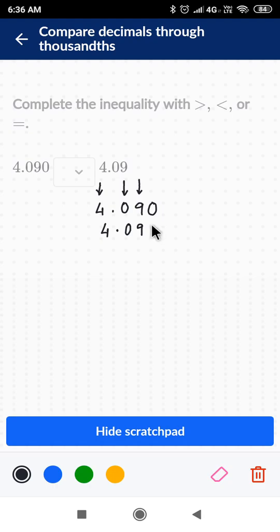So we can treat this also to be 0. And now you can see that both numbers are equal. This is a very important thing that you have to remember, that after a decimal number, you can put any number of zeros.